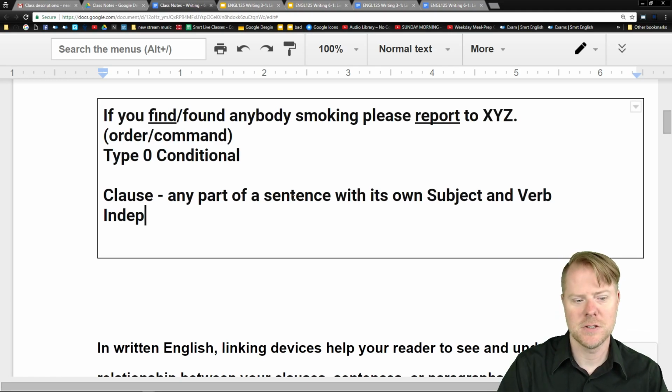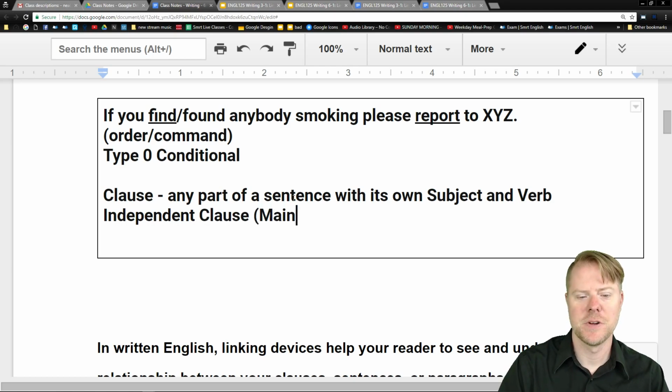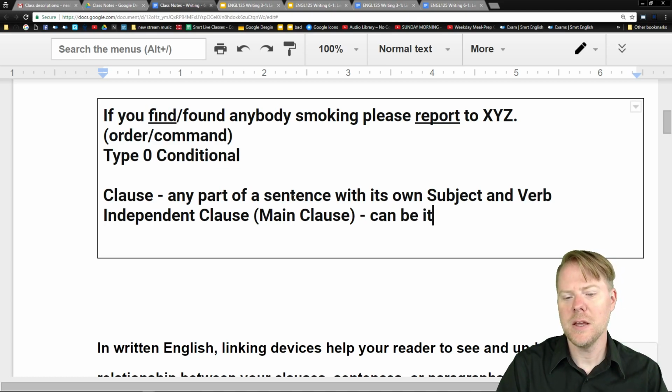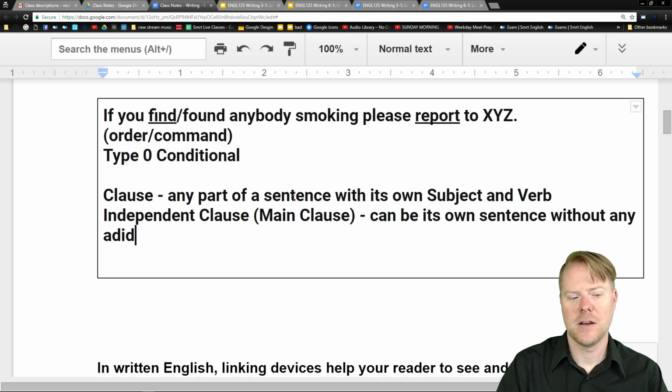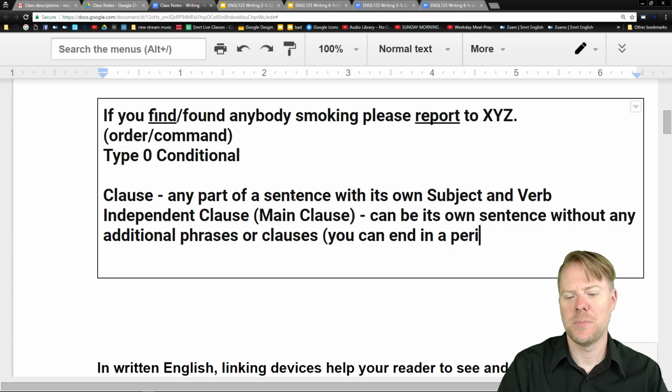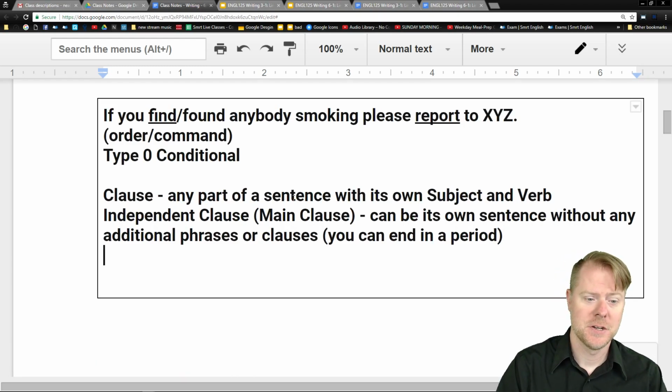Then we have two types of clauses. We have the independent clause, sometimes also referred to as the main clause, which can be its own sentence without any additional phrases or clauses attached, meaning you can put a period on it, and that independent clause becomes a sentence. A dependent clause is a little different.